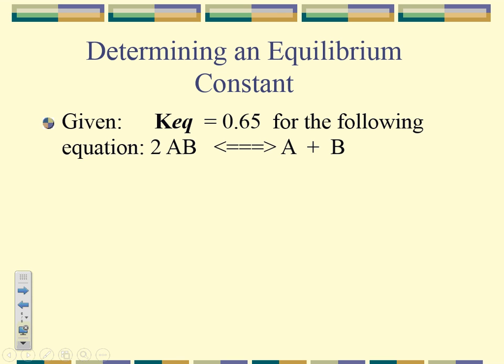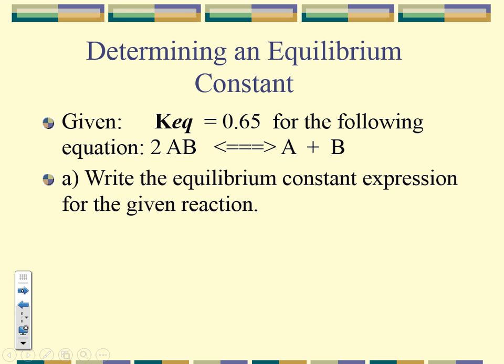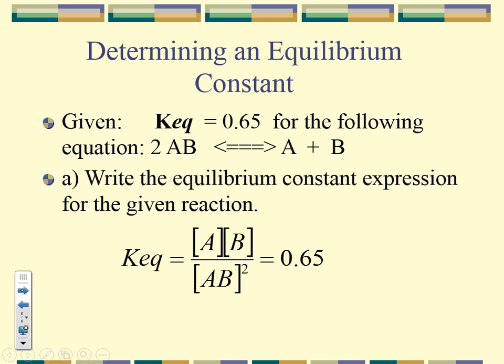Now we're going to actually solve for an equilibrium constant. We have our made-up equation, and they're telling us that the KEQ for this equation is 0.65. First thing we're going to do is write the equilibrium constant expression for the reaction, and it would look like this.